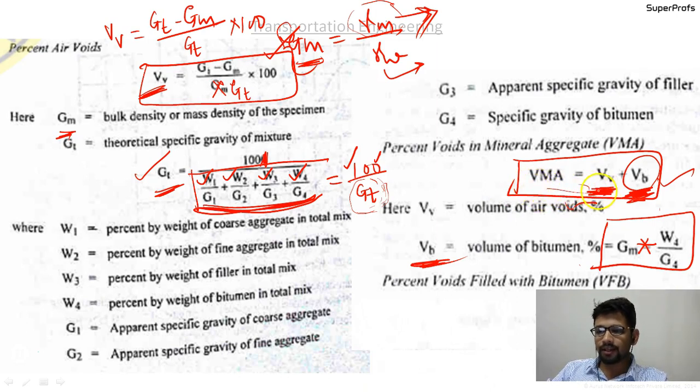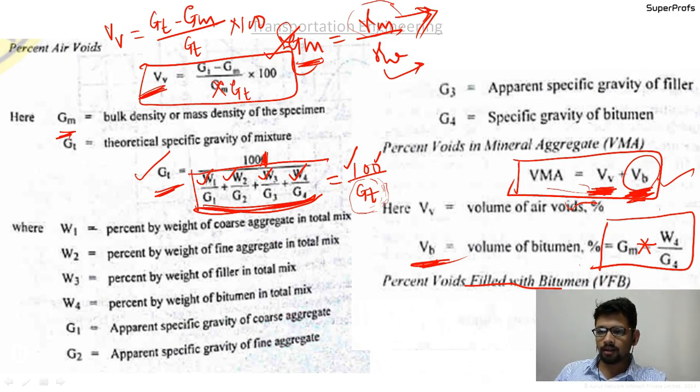So VMA is percentage air voids plus the volume of bitumen, that is also voids filled with bitumen. The percentage voids filled with bitumen is the percentage of voids that are filled with bitumen out of the total volume of voids.